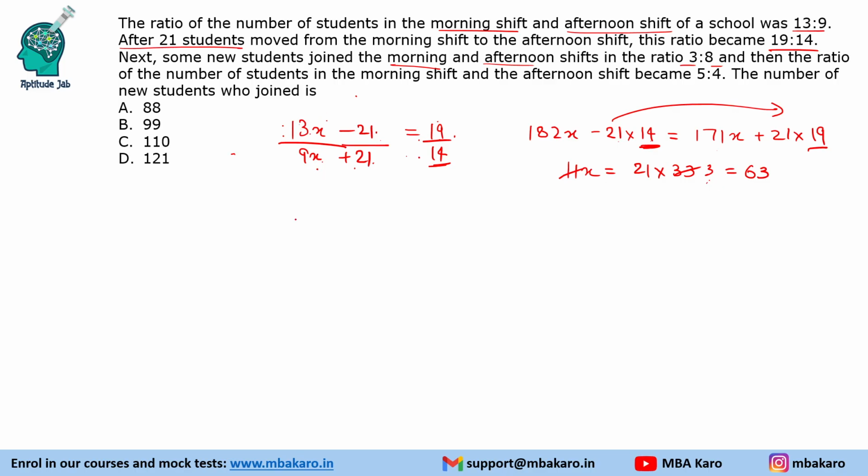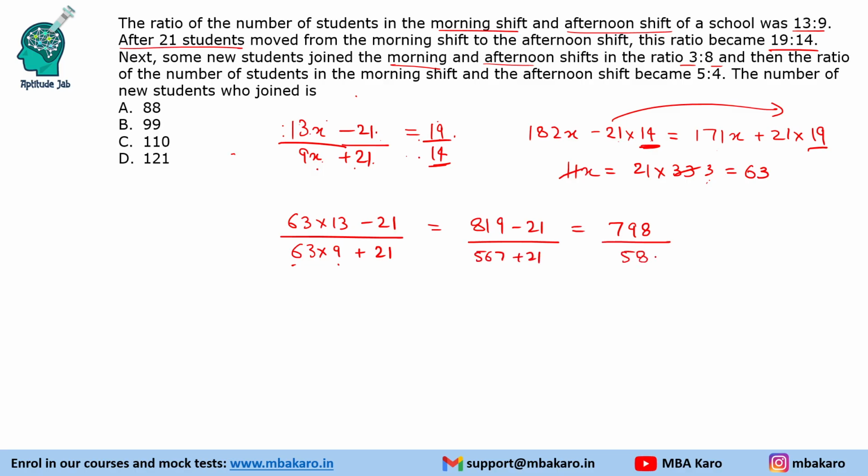So now we will calculate the numbers. 63 into 13 minus 21 and 63 into 9 plus 21. 13 into 3 is 39, 3 carries, and 78, 81. 819 minus 21 is equal to 798, right? And in this case, 63 into 9 is 567 plus 21 is 588.